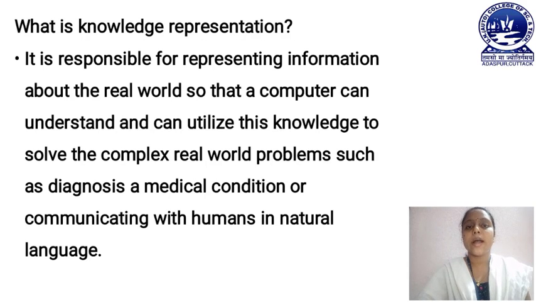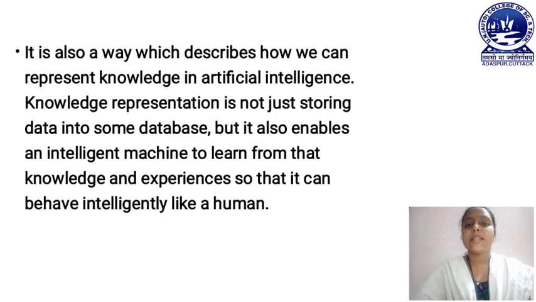And next, this knowledge representation is responsible for representing information about the real world so that the computer can easily solve complex problems. It also describes how knowledge is represented in artificial intelligence.